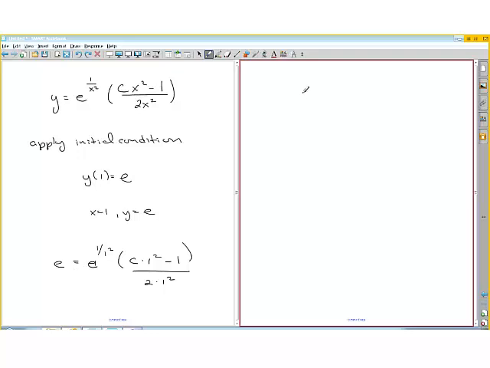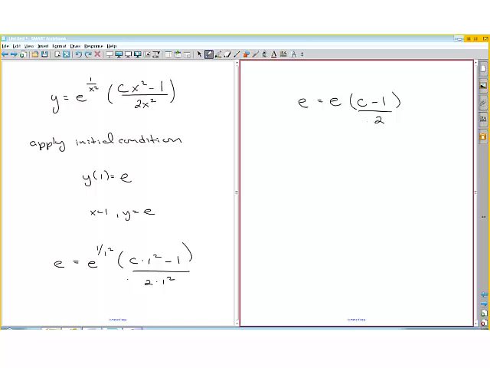So for x I put in 1, and for y I put in e. So we get e is equal to e to the first power, which is just e. And then we have c minus 1 divided by 2. Okay, 2 times 1 squared is 2.